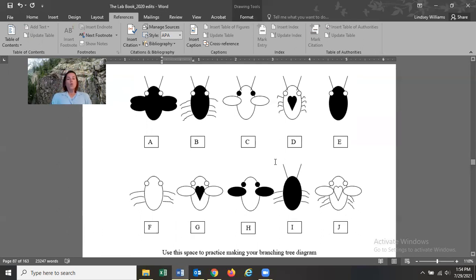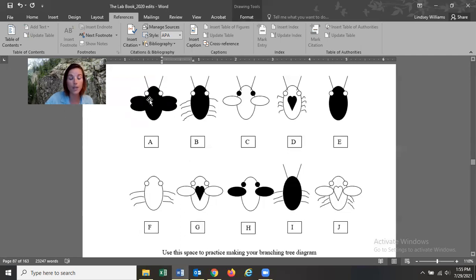Now, I highly recommend that you use the presence or the absence of a feature as well as a characteristic of that feature. For example, look at the bugs. Some of them have wings. But what do you notice about the wings? Some have single wings versus double wings.